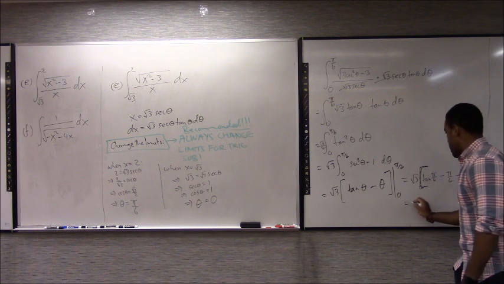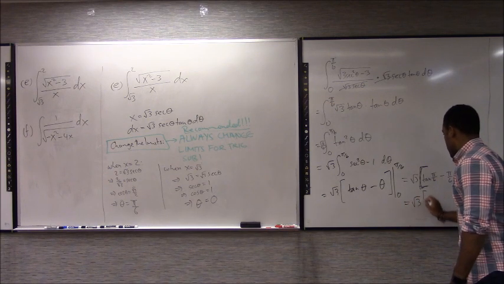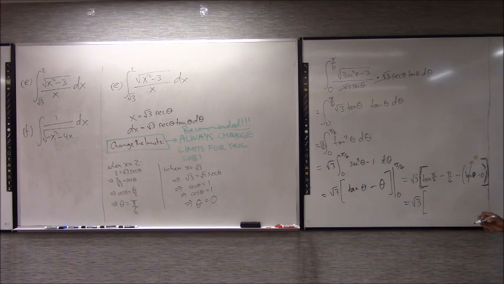What's tangent of pi over 6? Are you just randomly guessing, or do you have a legitimate guess? It's 1 over radical 3.